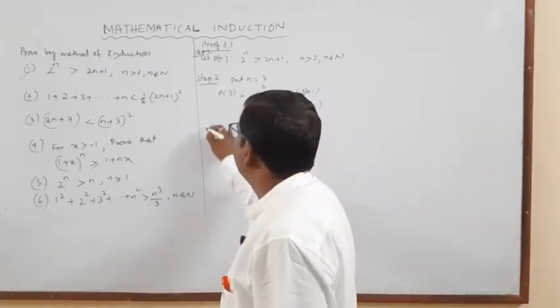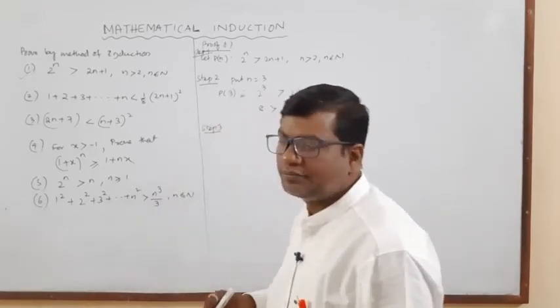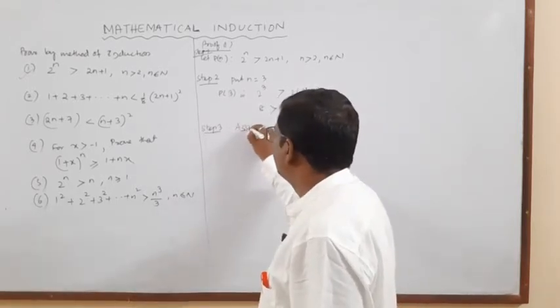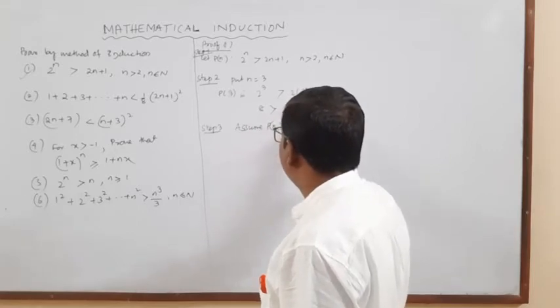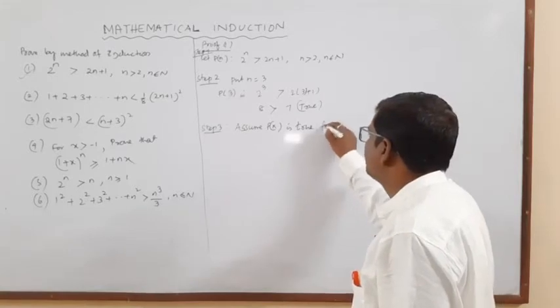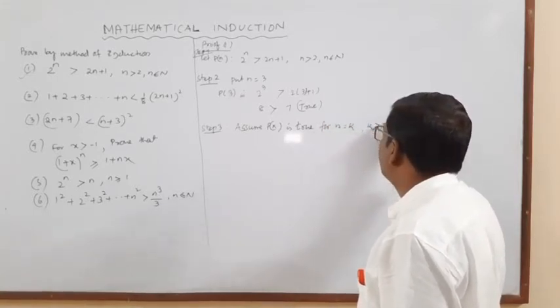Now step 3: assume P(k) is true for n equal to k and k greater than 2.